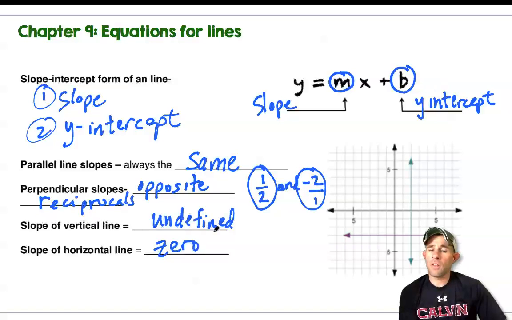The slope of a vertical line goes straight up and down, remember, and therefore this is an undefined slope, whereas a horizontal line is like the horizon or the floor, and it has zero slope. Now, every vertical and horizontal line are perpendicular to each other, whereas every pair of vertical lines would be parallel, or every pair of horizontal would also be parallel.